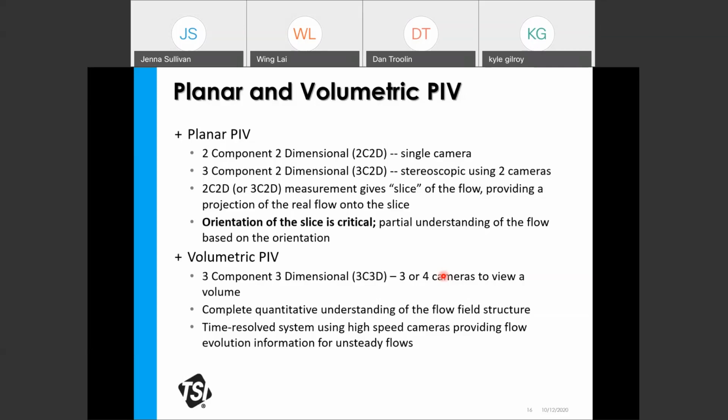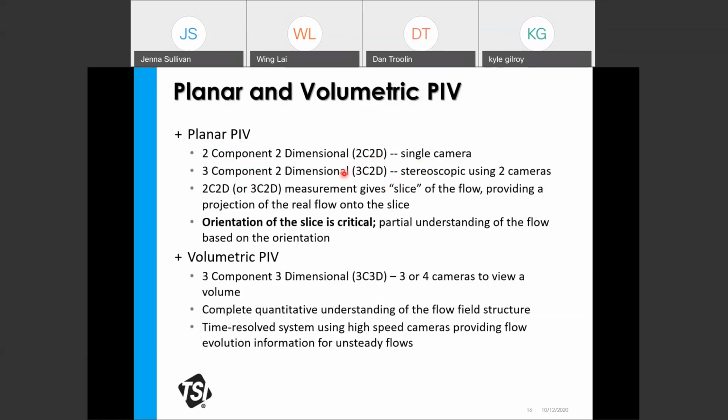So let's take a closer look at the different types of planar PIV and also volumetric PIV. For planar PIV, essentially there are two types of systems. One is using a single camera, meaning that we are getting only two components from that plane of laser light, or two-dimensional. We can also get the third component, essentially the component going in and out of the laser light sheet, by adding another camera.